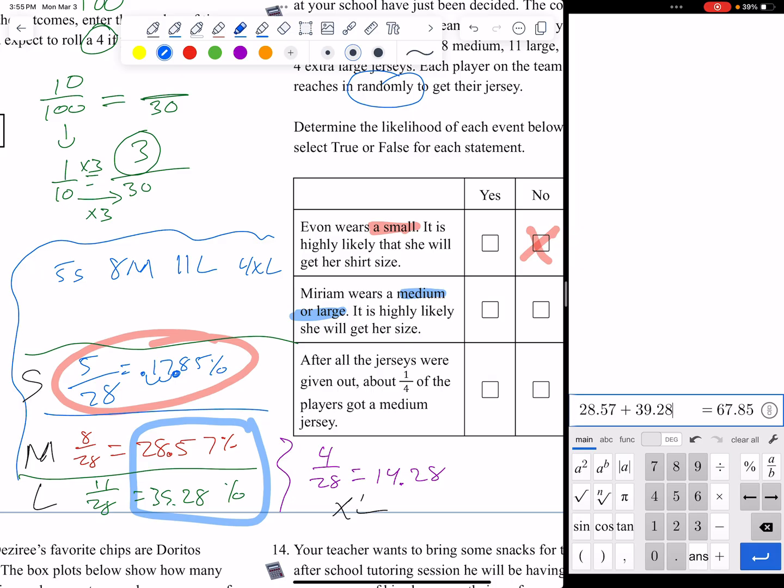So the question I have though is, is that good enough for highly likely? I'm gonna say yes. This is one of those annoying ones because again, it depends on who's answering. I would hope that if they gave you something like this, again, I made this up, it would be obvious.